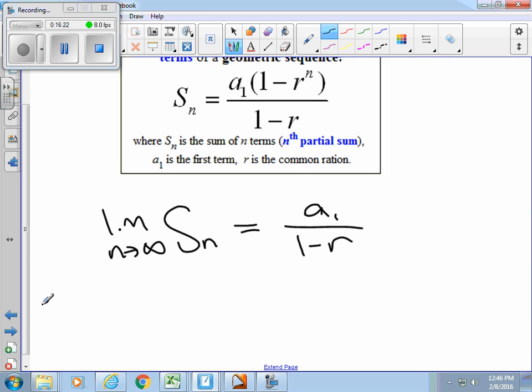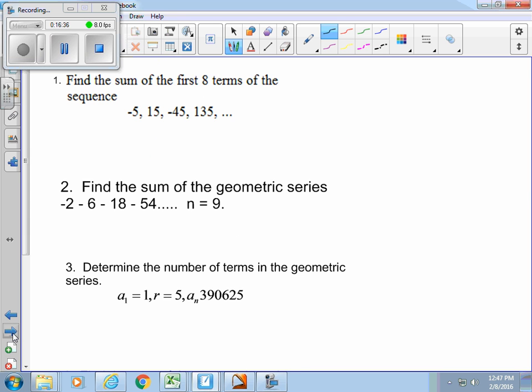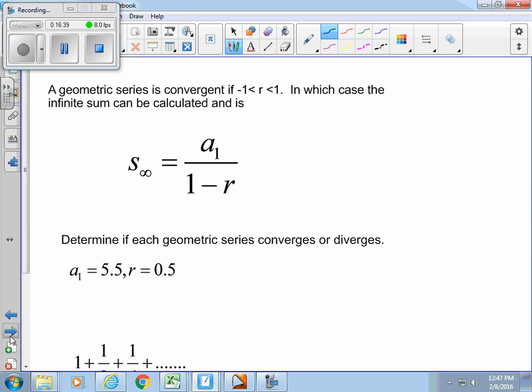In calculus, we call this a converging sequence. And if r is greater than 1, we would say it diverges. By the way, I actually taught you that in Algebra 2, you just didn't really know what I was talking about.